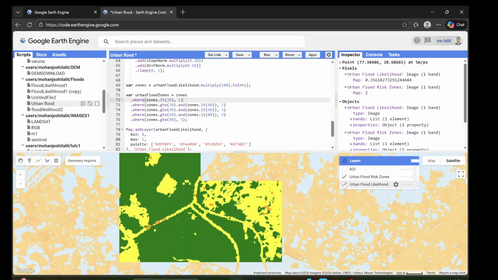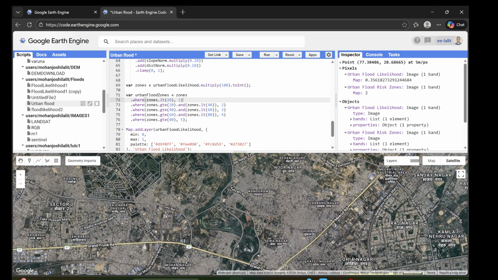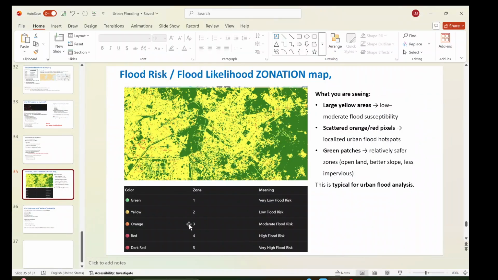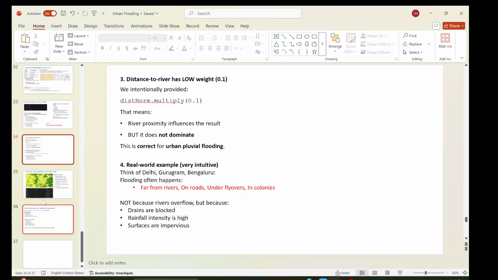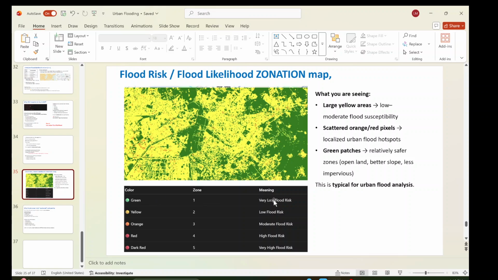Green is very low flood risk, yellow is low flood risk, and there are some orange colors for moderate flood risk, right? This is a typical urban flood analysis.